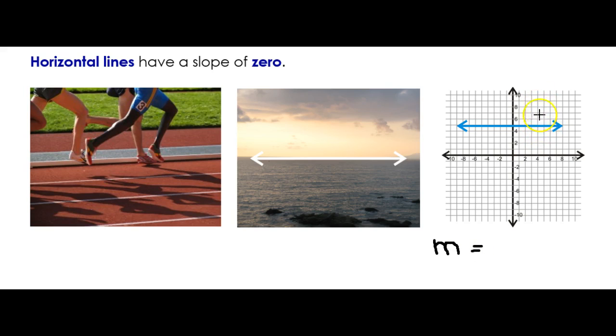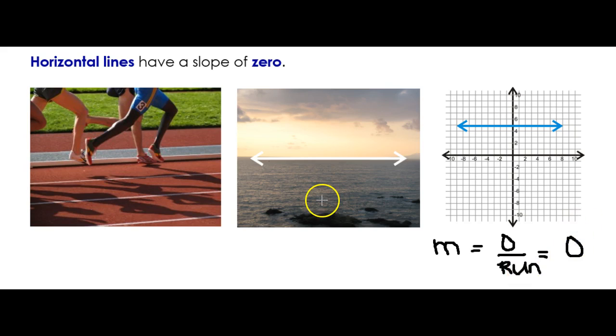What is the rise of this? Well, the rise is 0, right? So no matter what my run is, my rise is 0. And if you remember from earlier math classes, anytime you take a 0 and divide it by any other number, you still end up with 0.